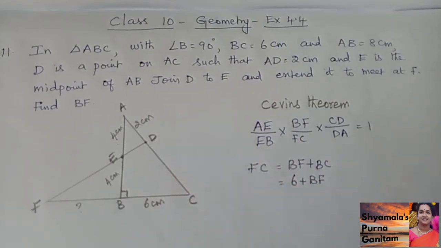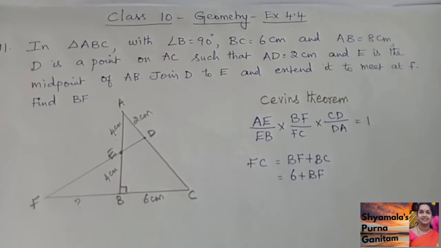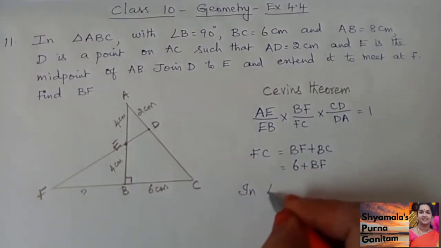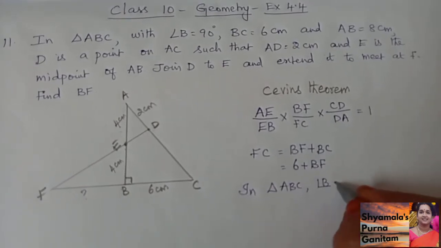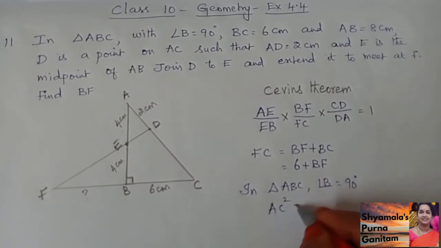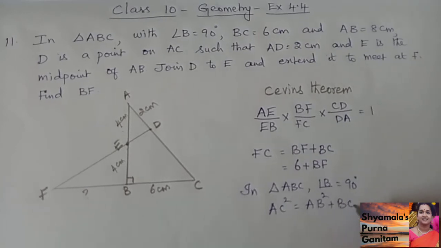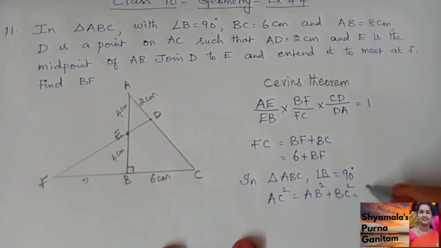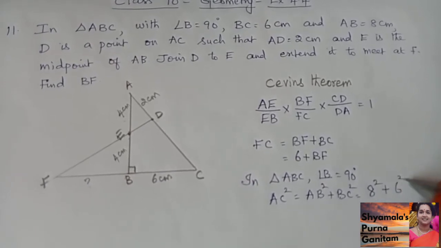CD. So for finding CD, we'll take this ABC triangle. That is, Pythagoras theorem we will use. So in triangle ABC, angle B is 90 degrees. So AC squared is equal to AB squared plus BC squared. So AB squared is 8 squared plus BC squared is 6 squared.